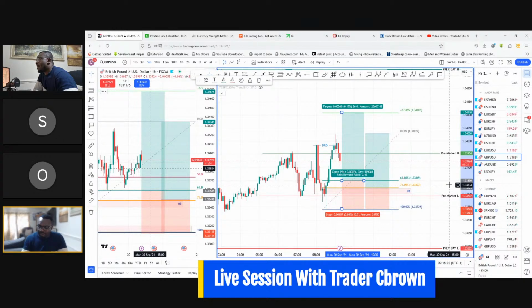Stop loss is at 133.739. Then the first TP will be here, and we can set it as 1.34107. So that's the first one.